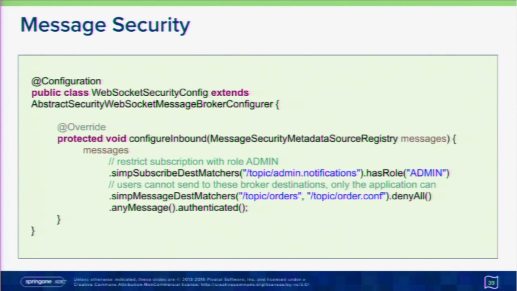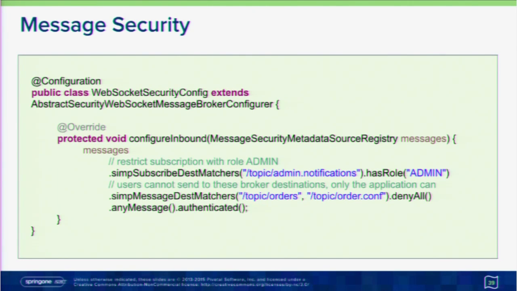That means you can protect subscriptions and messages to specific destinations. In this example, we protect the subscriptions to /topic/admin-notifications with the role admin. In the second line, we are protecting the messages sent to /topic/orders and /topic/order-conf, and we're denying all of them. We are not letting you send any messages to those destinations.